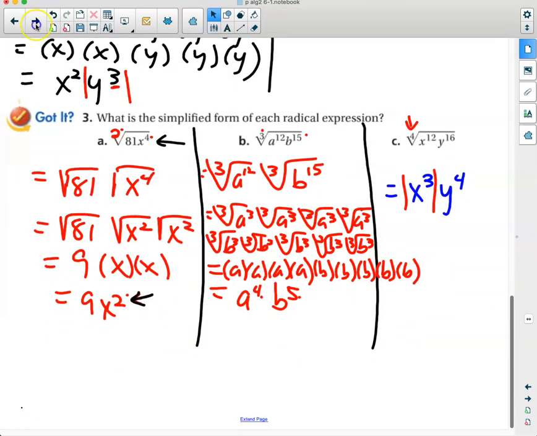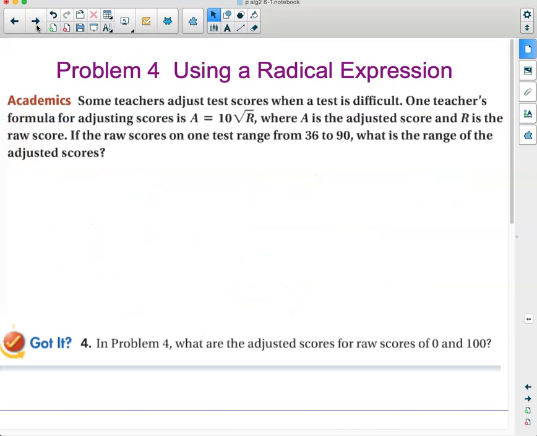All right. Now, problem 4 is still with our objective, but it's a word problem talking about our radical expressions. So, a big chunk of what we learned today had to do with figuring out what to do with those variables, and then when do we need absolute value bars. So even roots with odd power answers get our absolute value bars. Problem 4 says using a radical expression.